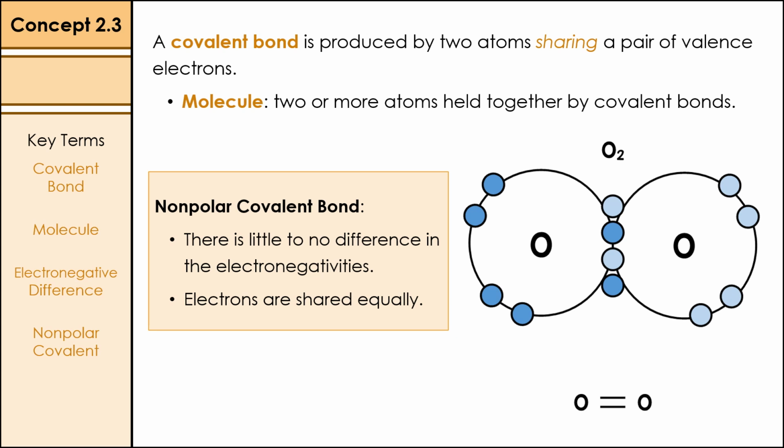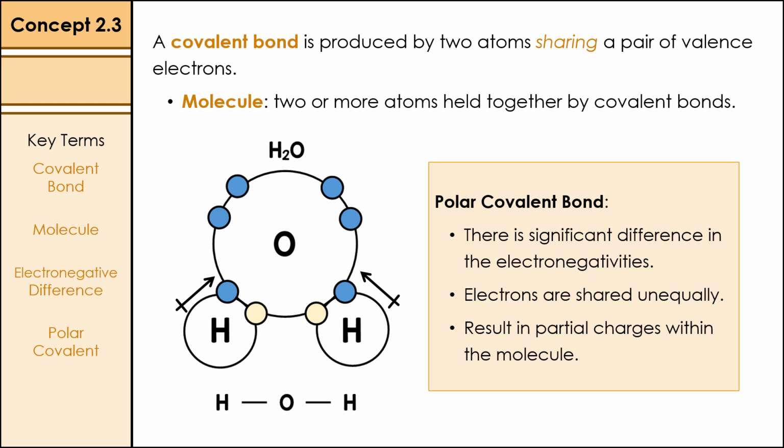Well, then our covalent bond becomes more of a polar covalent bond. Polar covalent bonds have slight, I use the term significant here in the description, but really significant is more ionic.